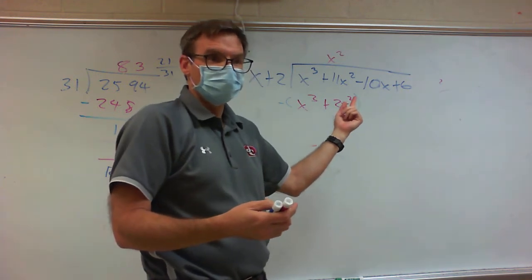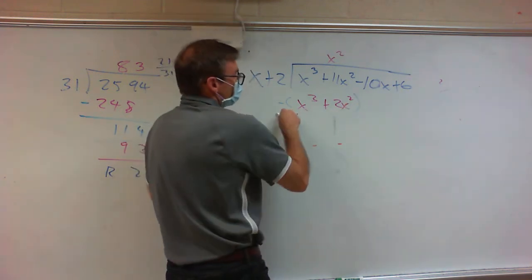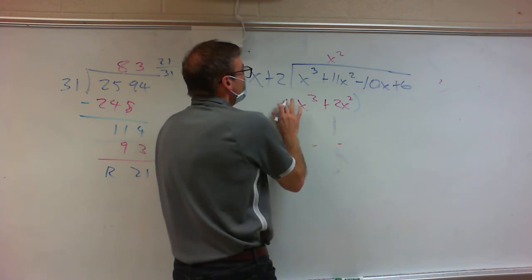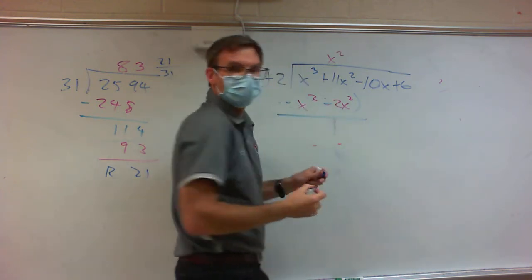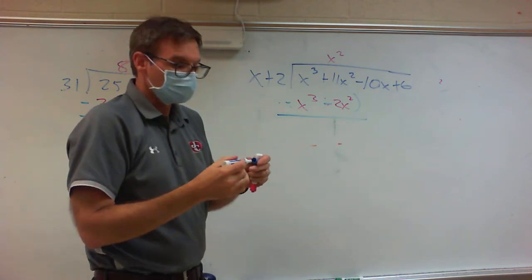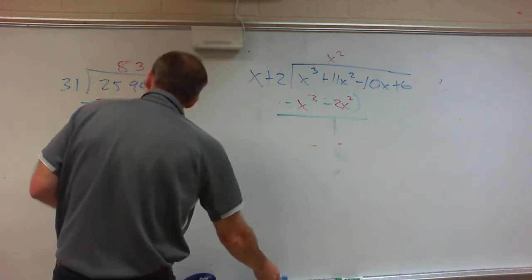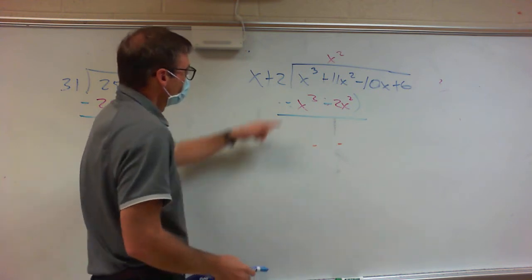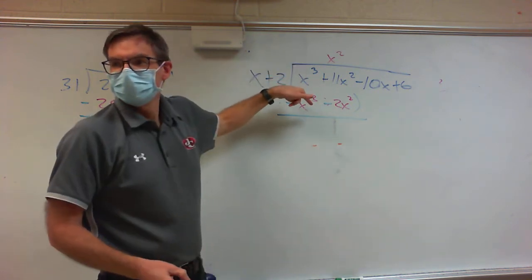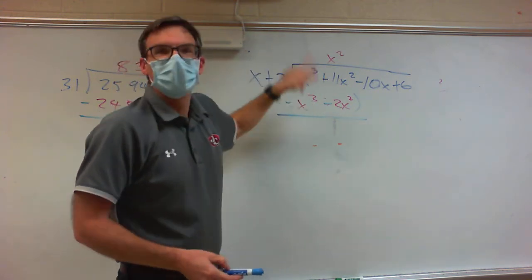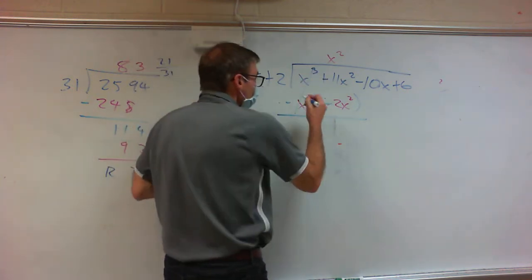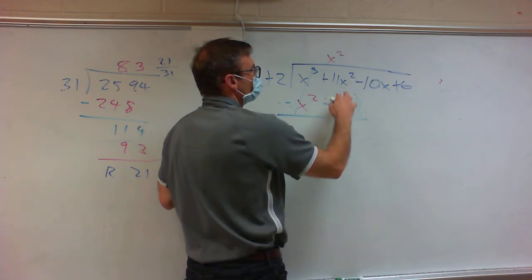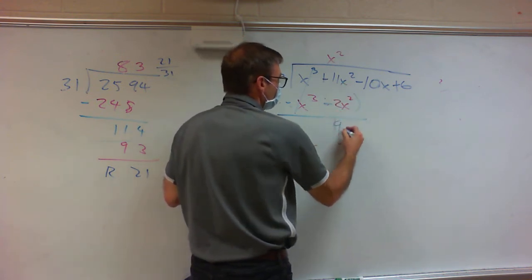So this subtraction means this is a minus, and that changes that plus to a minus. Now combine, and here's what happens. These cancel. This first term is always going to cancel. If it didn't cancel, you made a mistake. So this cancels, and then I get 11x squared minus 2x squared, which gives me 9x squared.